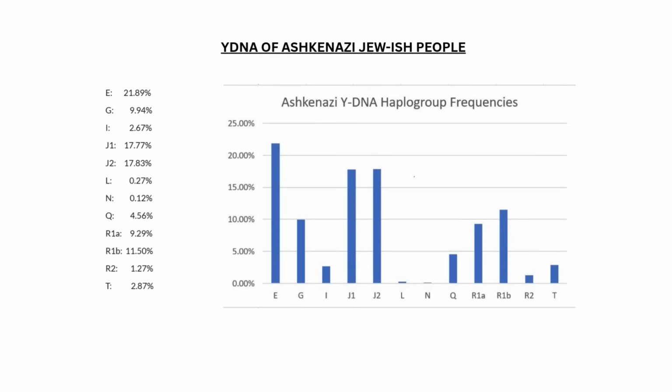You may have heard reference to the Cohen model haplotype, where the European Jewish people say that that is representative of the line of Aaron. Well, that's a lie. Those people are not Levites at all.